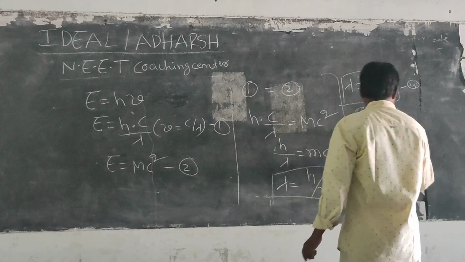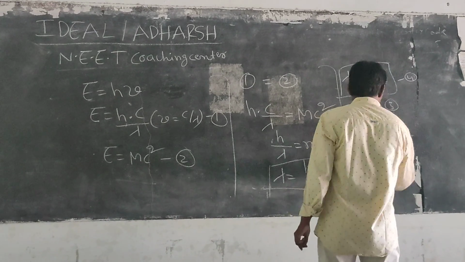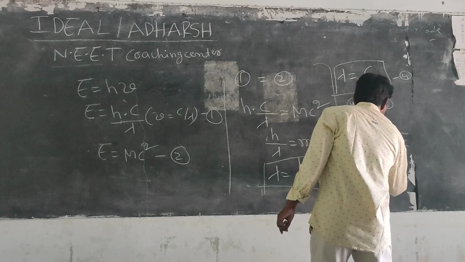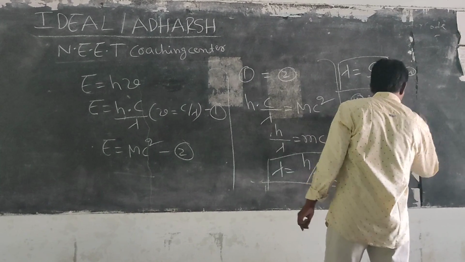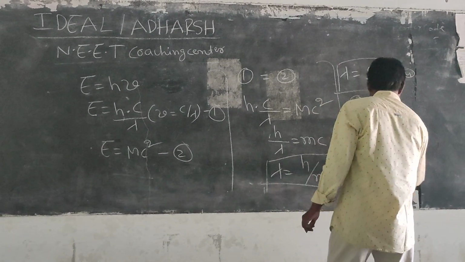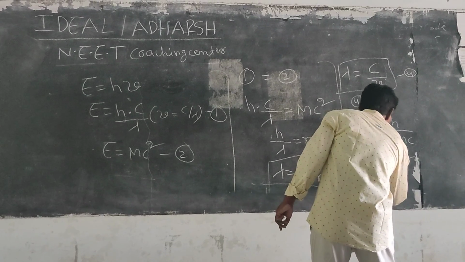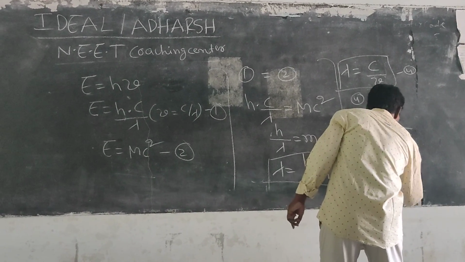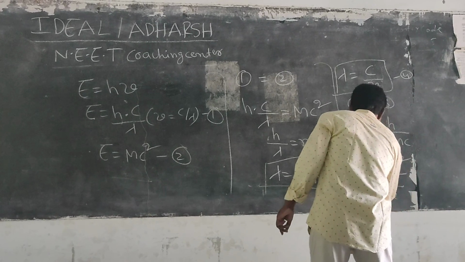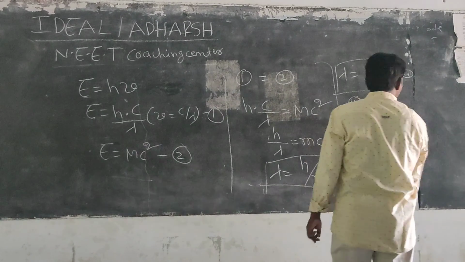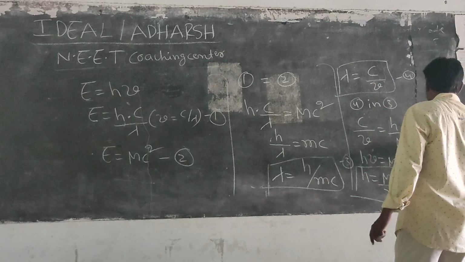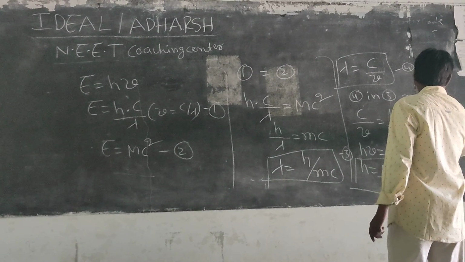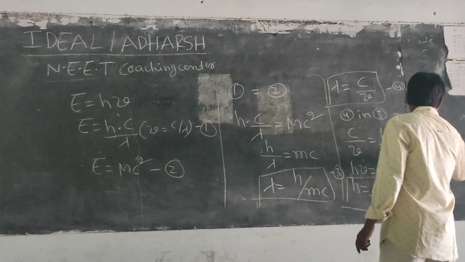Then cross multiplication gives h nu equal to mc square. Finally h equal to mc square by nu, or nu equal to mc square by h.